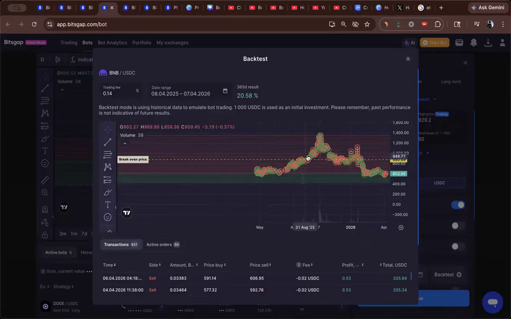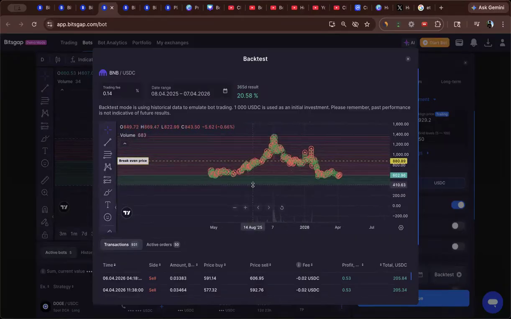As it moves up, it takes the lower buy orders off so that it can continue to give you some income as the price is moving up. And that's what brought the bottom up, but luckily it still caught all of the activity and still has you protected down to 420.